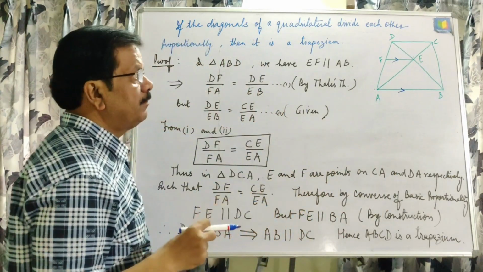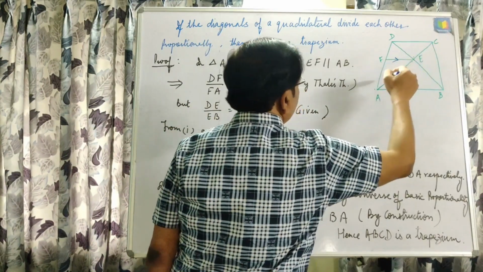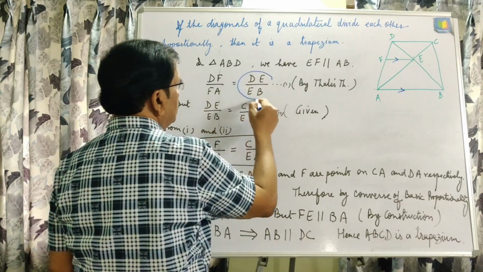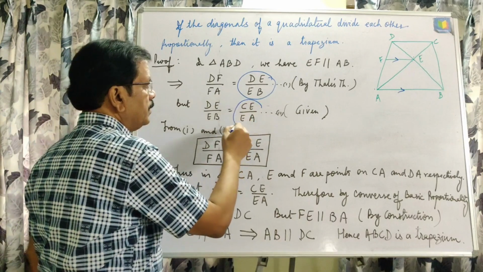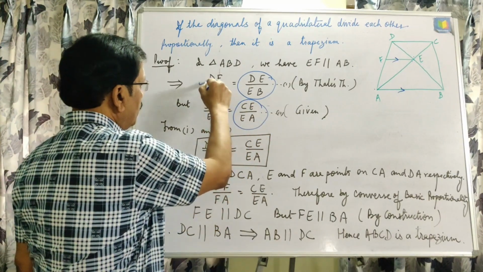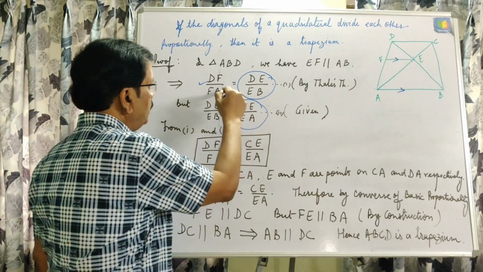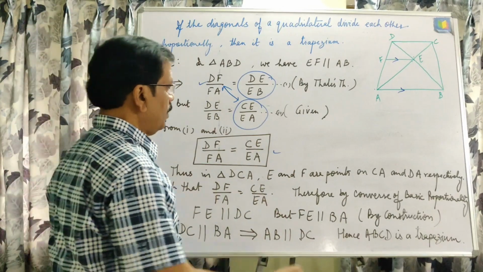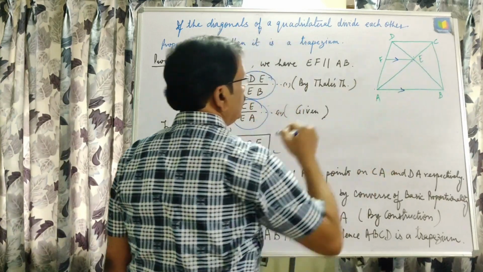But we are given here DE upon EB is equal to CE upon EA. So in place of DE upon EB, we can change CE upon EA, which is given. And so DF upon FA, left hand side, will be equal to CE upon EA. DF upon FA is equal to CE upon EA.